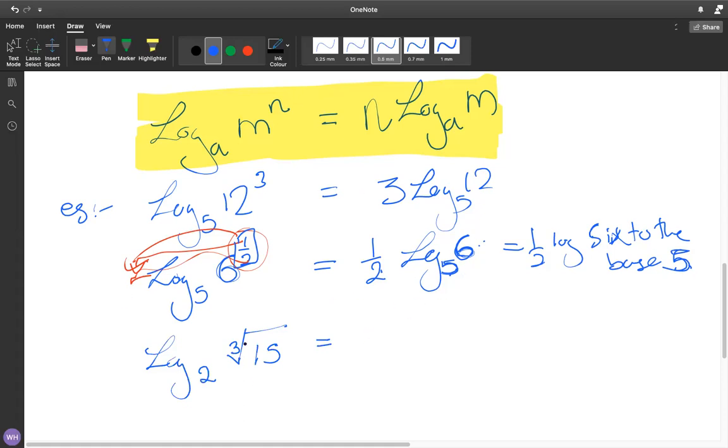Cube root, we have learned in the previous session about indices. What is the power of the cube root when it comes to a power? Nirman, what do you think?